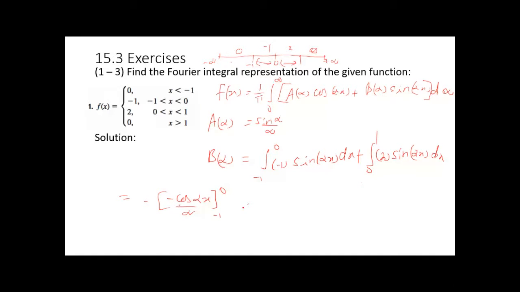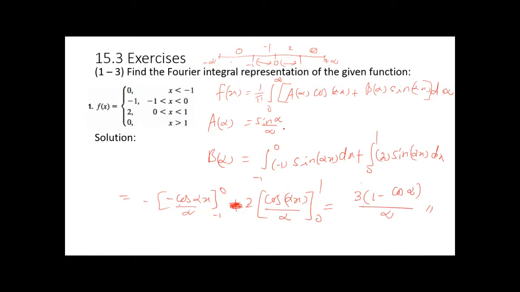Simplify, substituting 0 and negative 1, and you get 3 times 1 minus cosine alpha divided by alpha. This is your b of alpha.